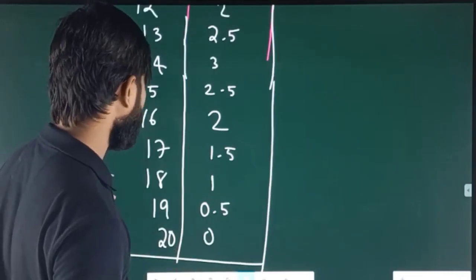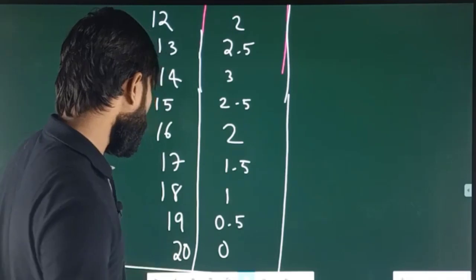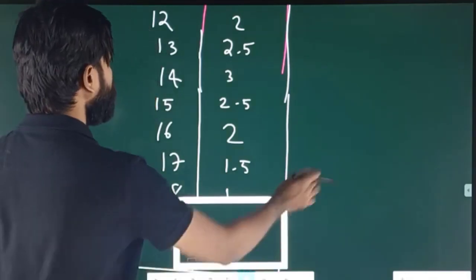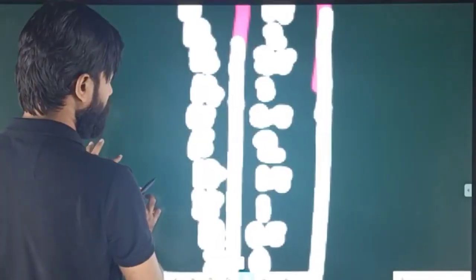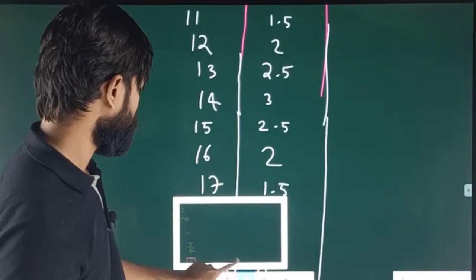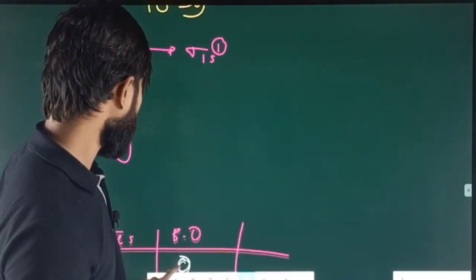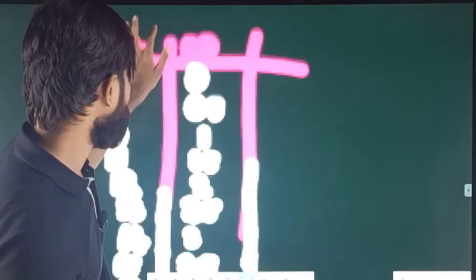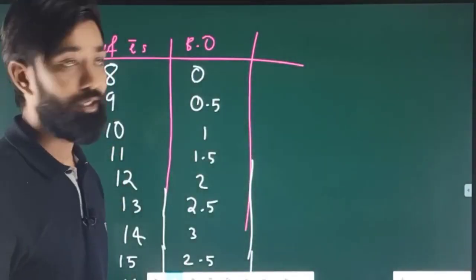And we all know that all odd electron species are what? All odd electron species are diamagnetic, right? Sorry, all odd electron species are paramagnetic.